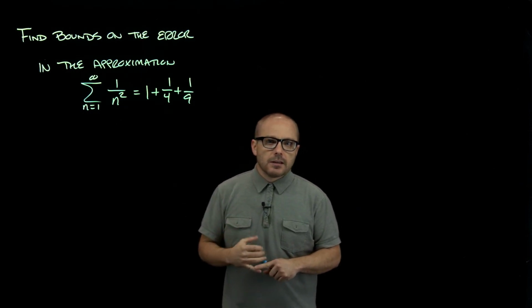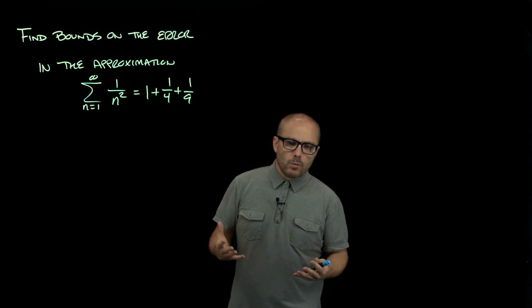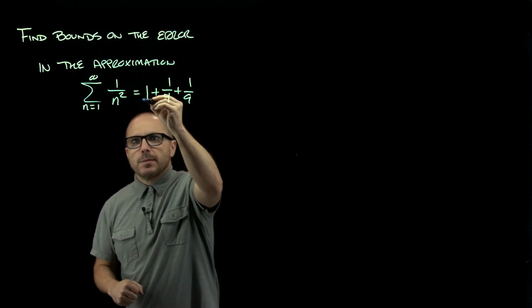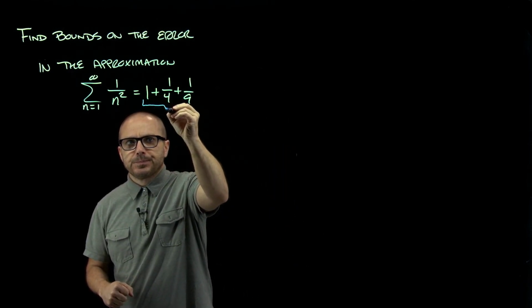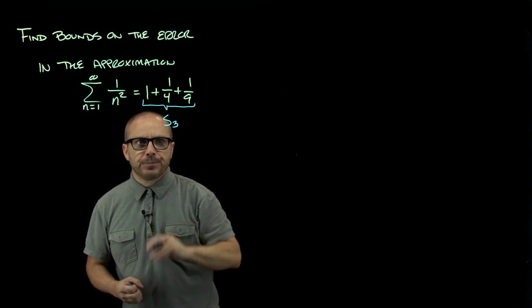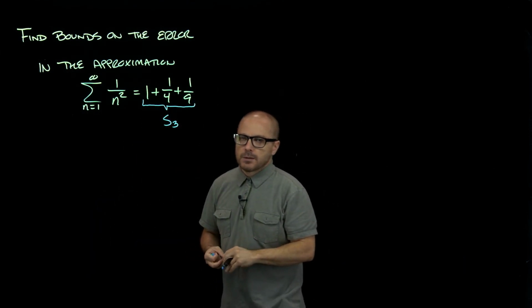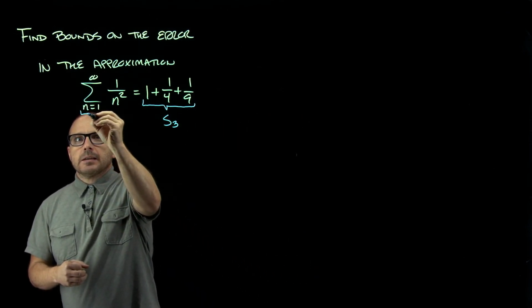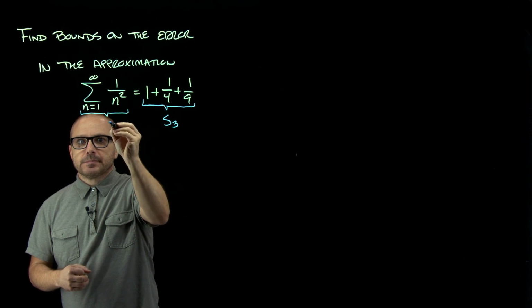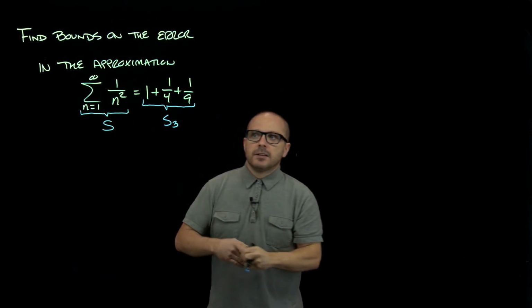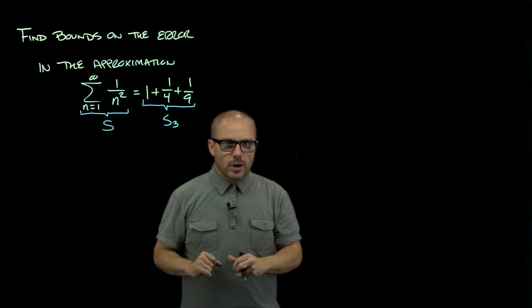The first thing you need to do is determine what partial sum this is. Remember, in our terminology of partial sums, this is S sub 3. It means you've added up the first three terms. This thing adds up to something, S. So we're interested in how far off this partial sum is from the actual sum.